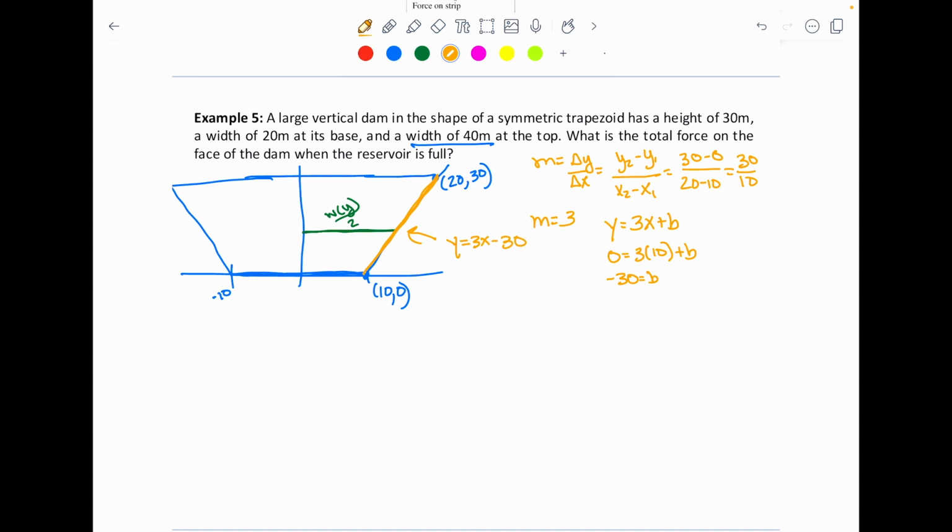I do have a problem though, because look at that slice I did, my green slice. The thickness is going to be in terms of y. So I need my equation also to be in terms of y, which means I've got to solve for x.